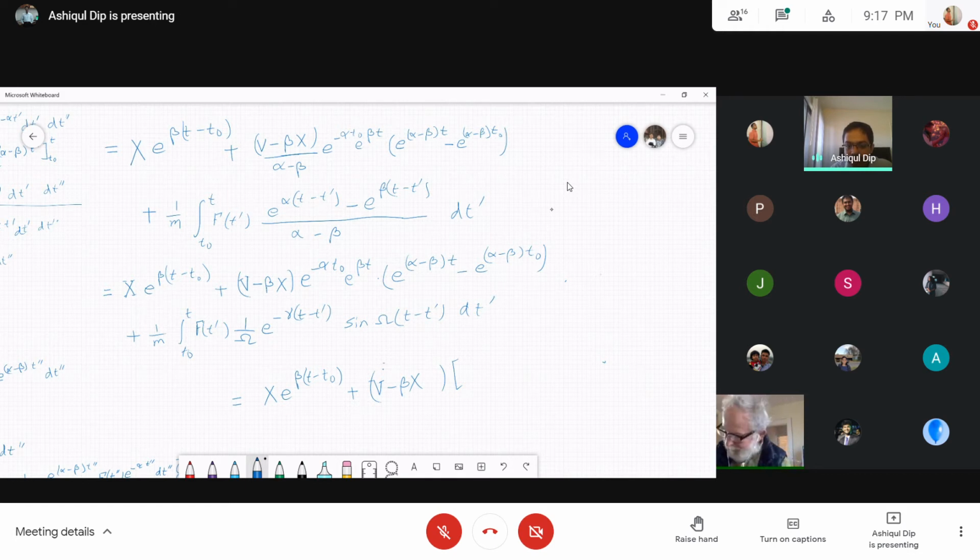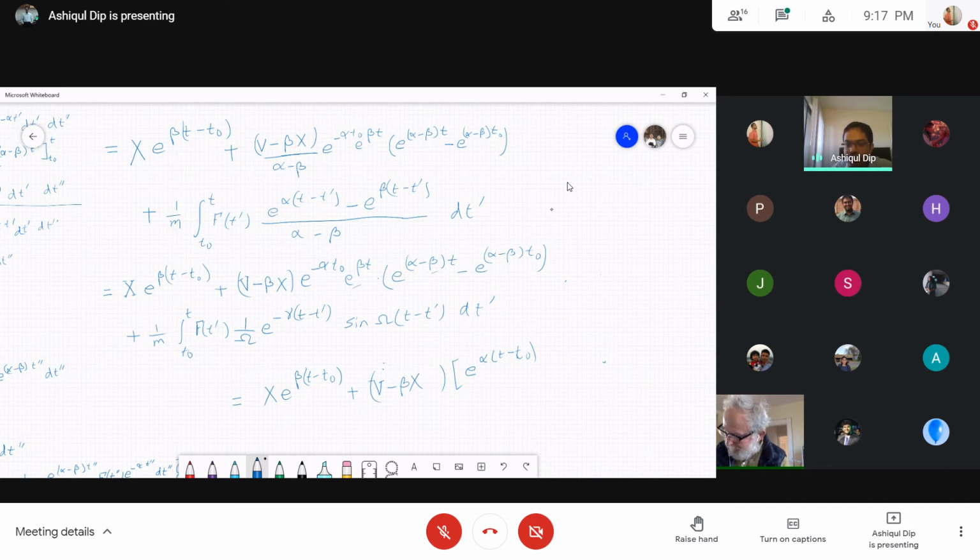So for the first part, you get e to the power alpha t minus t naught. Oops. Right? And for the beta part, it vanishes, right? Yeah, it becomes one.